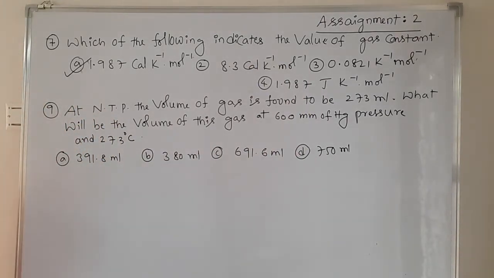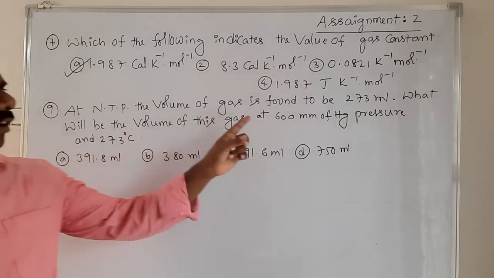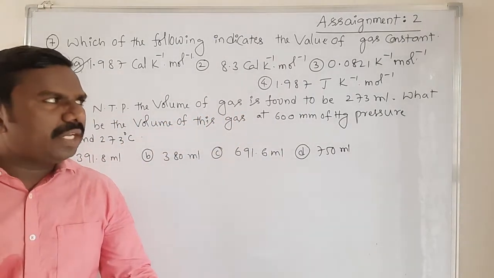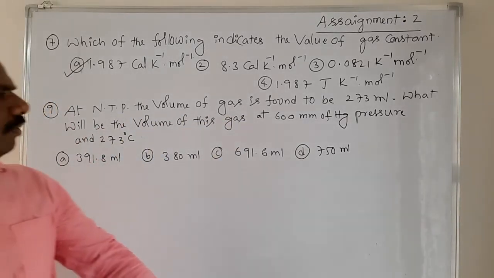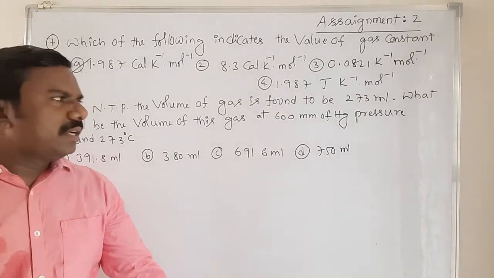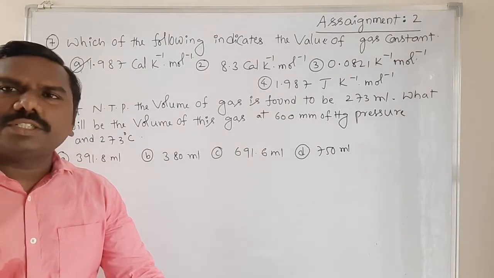Next, ninth bit. At NTP, the volume of a gas is found to be 273 ml. What will be the volume of this gas at 600 mm of Hg pressure?